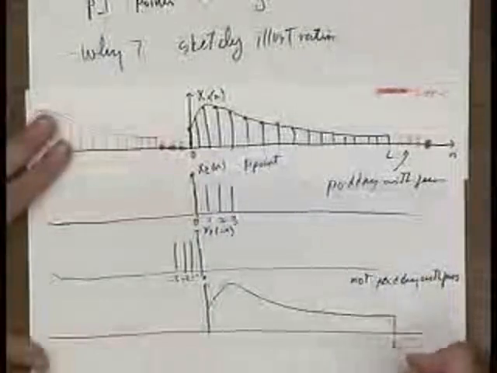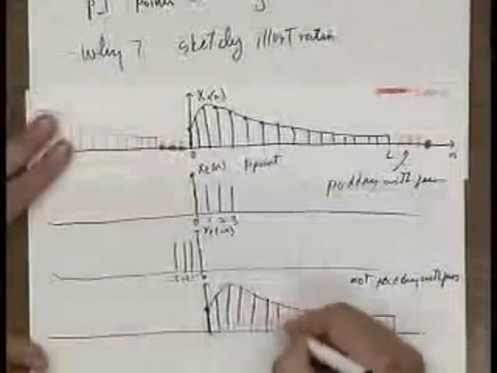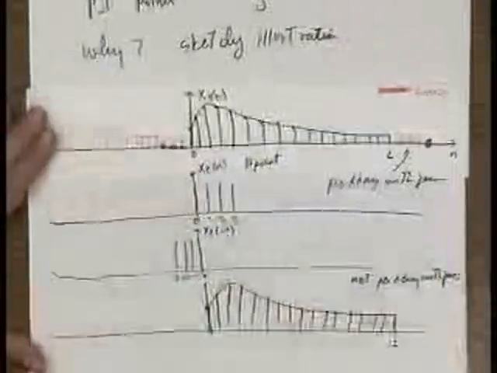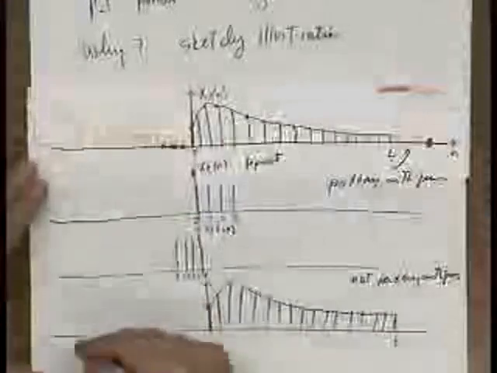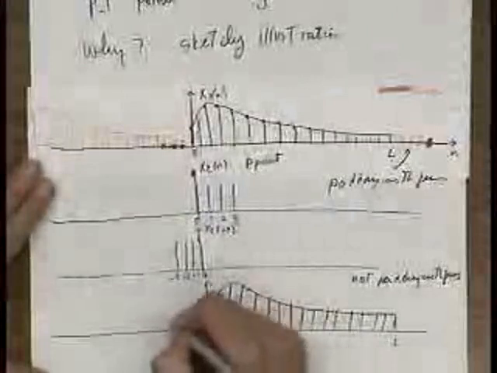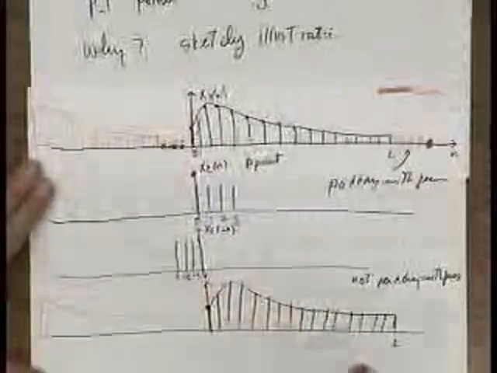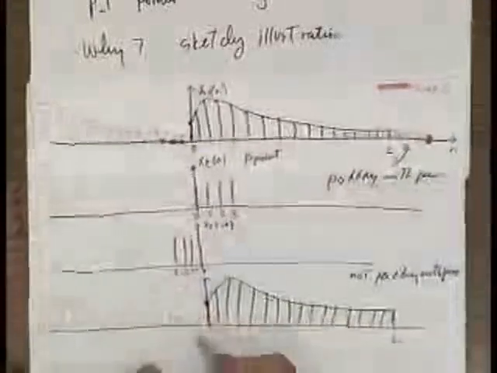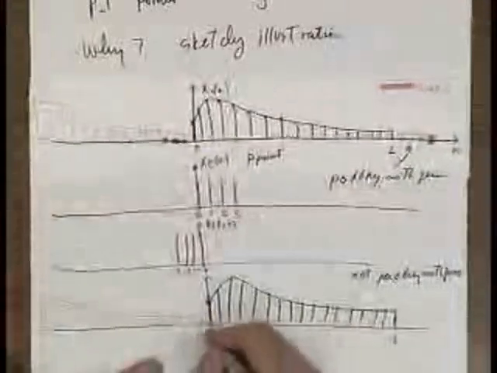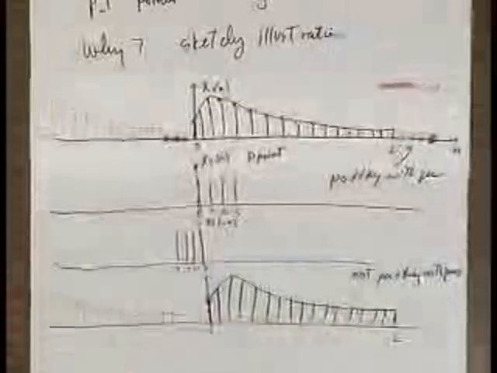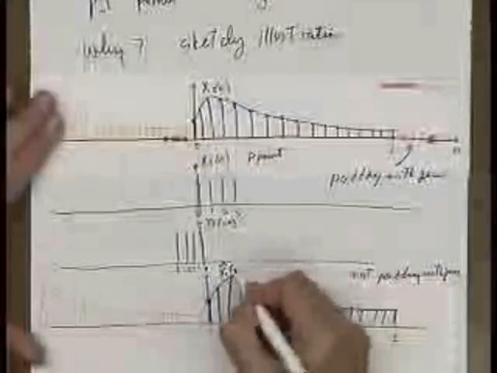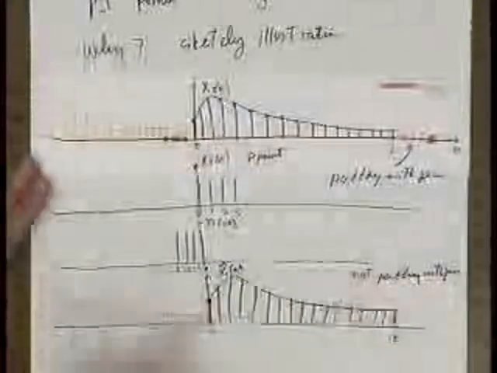It goes all the way to L, and I get a replica of this. There's no padding here. This is index 0, this is minus 1, minus 2, minus 3, all the way. So if I don't pad it with 0, then x1 of n, periodically, is going to look like that.